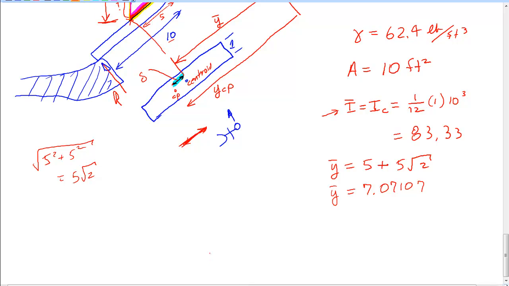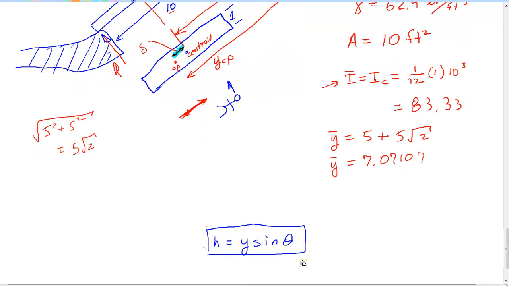So if we want to use that equation, there's nothing wrong with using that equation. So I can just say h is equal to 7.07107 times sine of 45 degrees. That's given, of course, that you turn that into a bar.